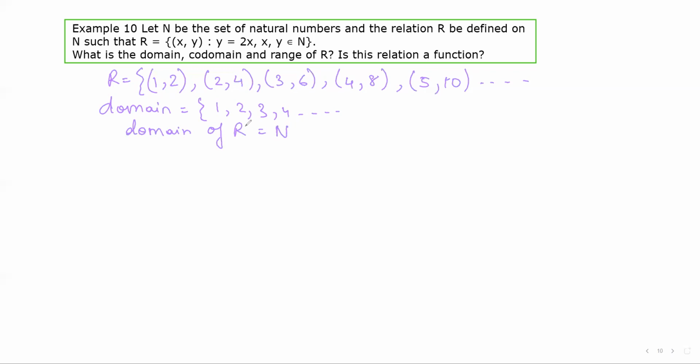Next, range. Your range would be all the images formed, all the values that these domain values are pointing towards. So the range of R would be values like 2, 4, 6, 8, 10. As you can see, these are even numbers. So this is the set of even natural numbers.